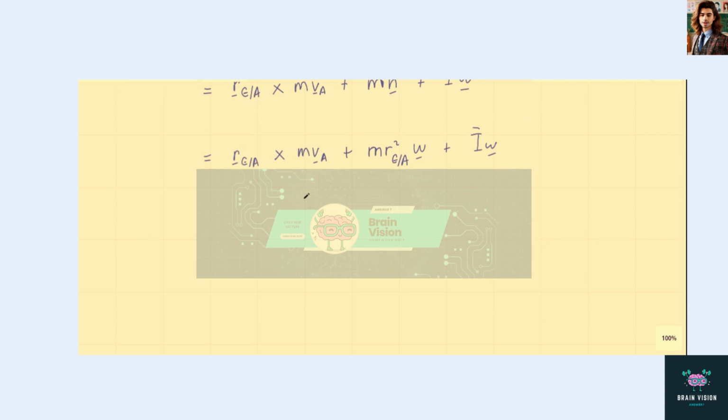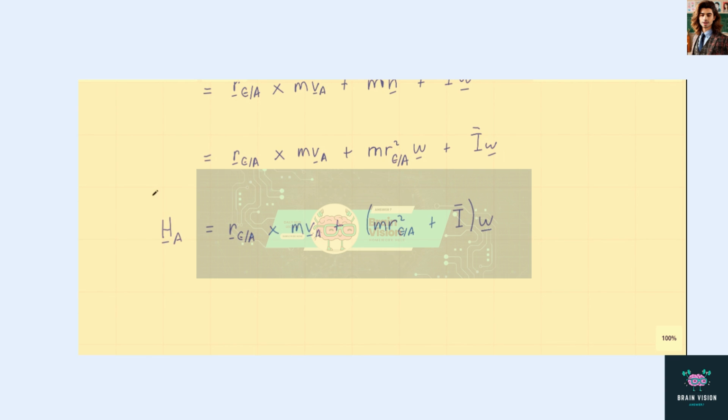So we're just substituting in for H. And this is simply the position vector of the mass center relative to point A crossed with the momentum m V_A, plus m r squared of G relative to A plus the centroid mass moment of inertia I bar, and we'll pull out the angular velocity omega as a common factor. So here we have our final expression for H_A.